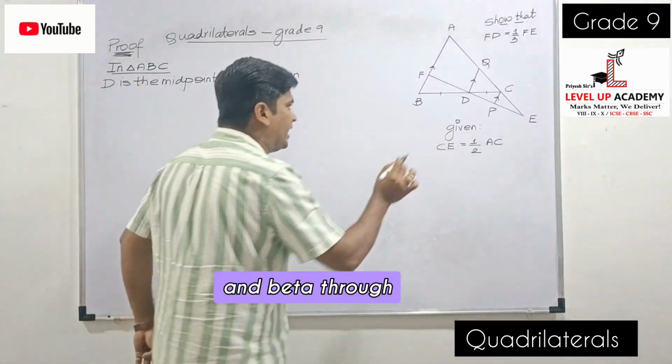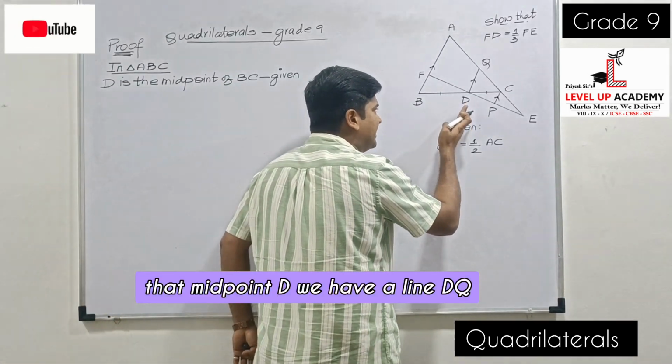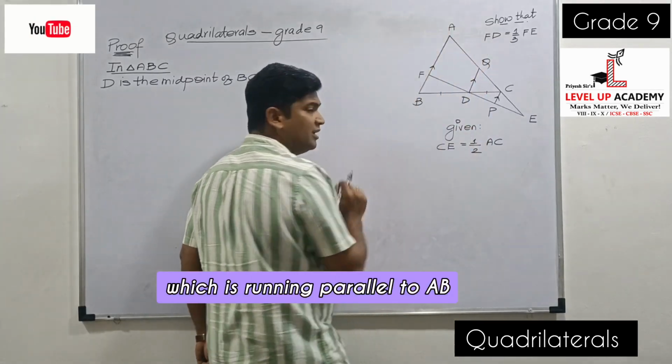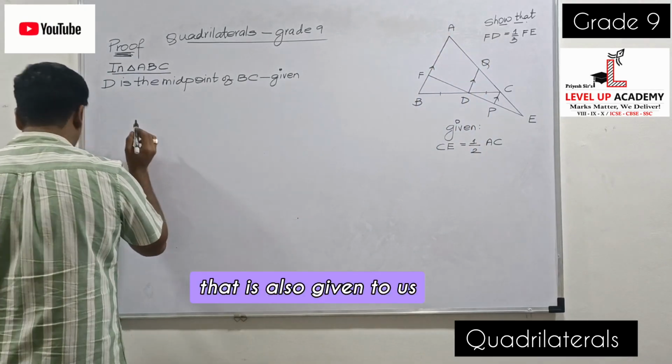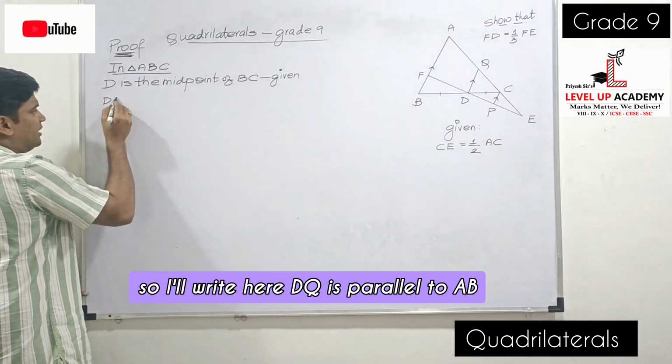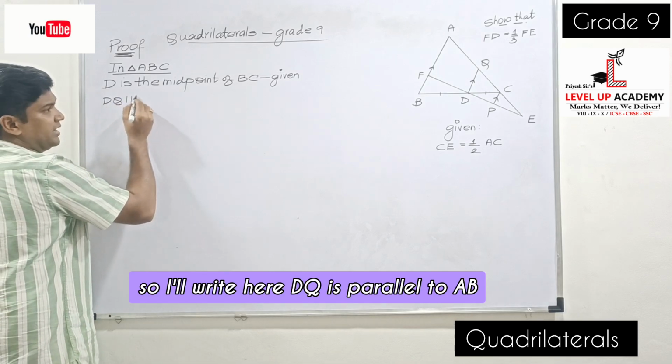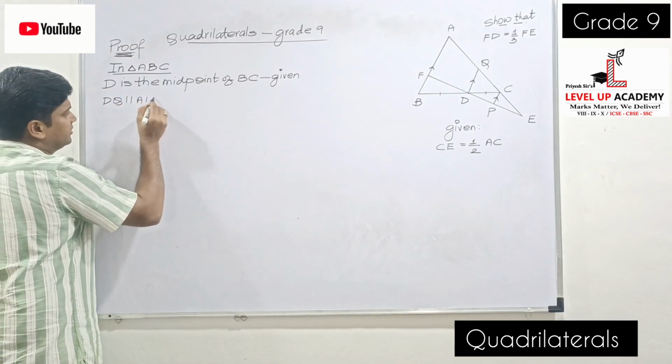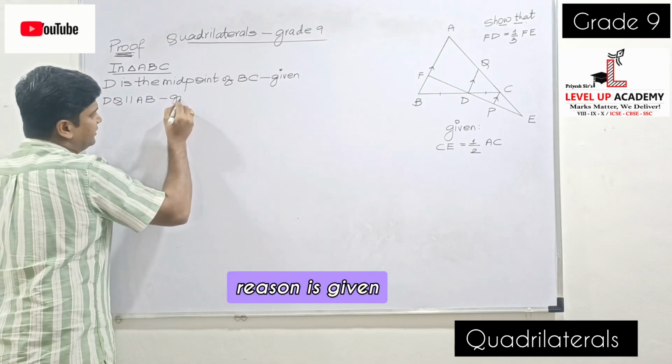And beta, through that midpoint D, we have a line DQ which is running parallel to AB. That is also given to us. So I'll write here DQ is parallel to AB. Reason is given.